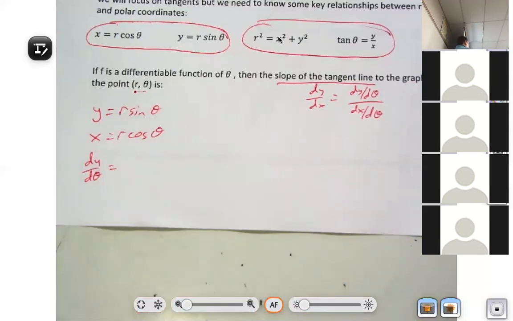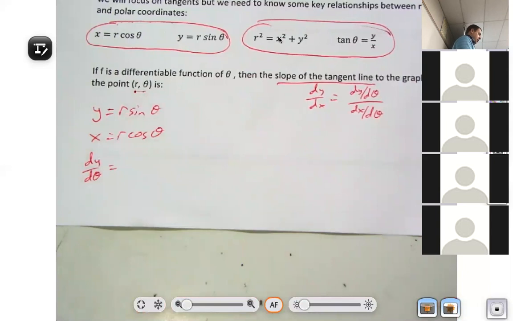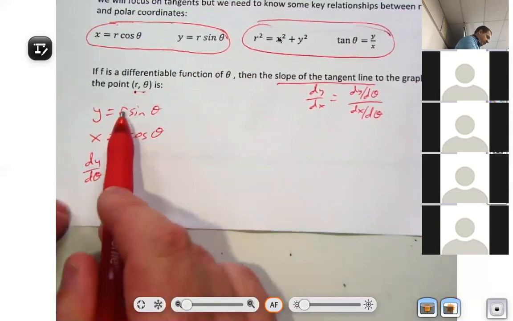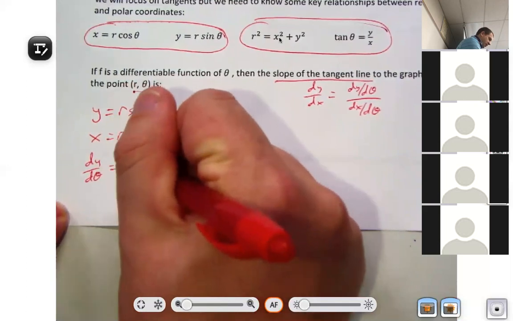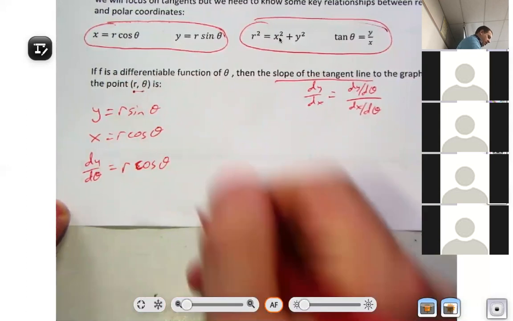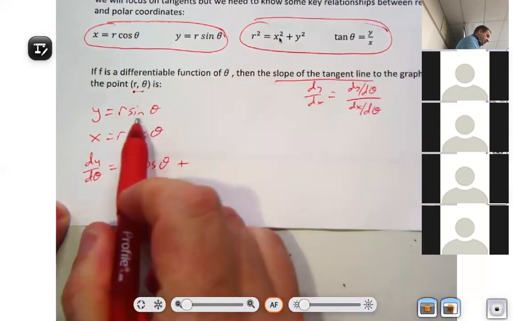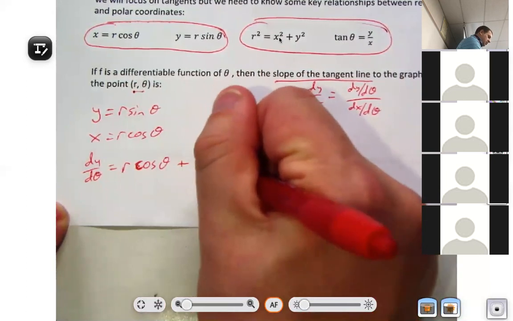To find the derivative of y, r is some function in terms of theta, and then times sine of theta, we have to do product rule to find dy d theta. So it would be first times derivative of the second, so cosine, plus second, so sine, times the derivative of the first. So here's how I'm going to write that.